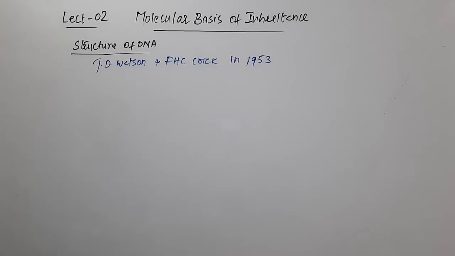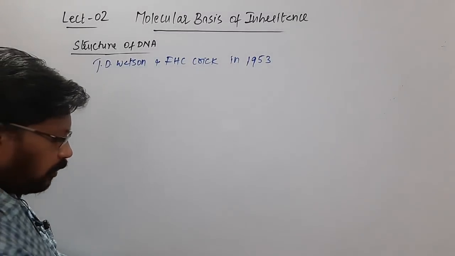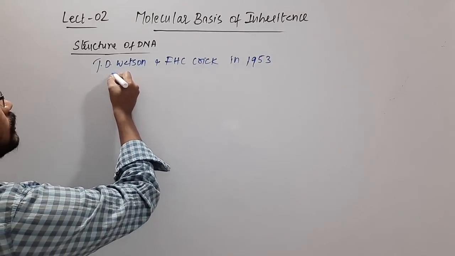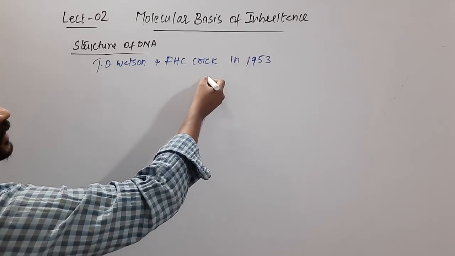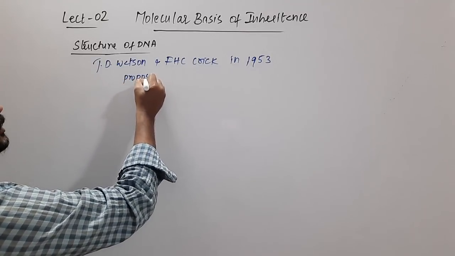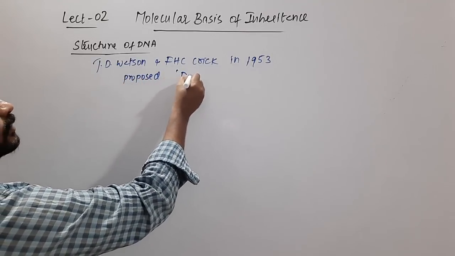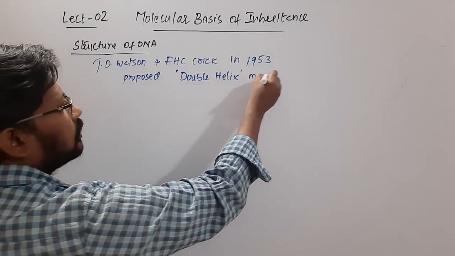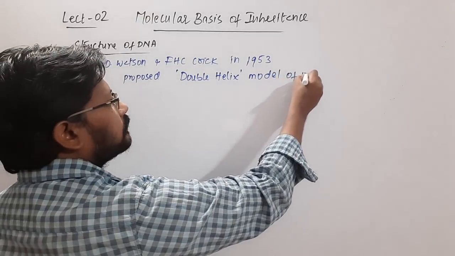And the name of the model they proposed is the double helix model. So J.D. Watson and F.H.C. Crick in 1953 proposed the double helix model of DNA.